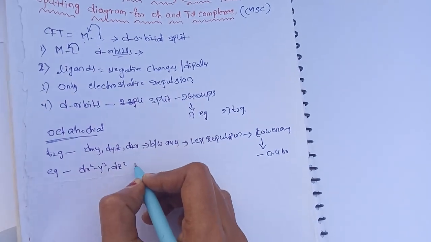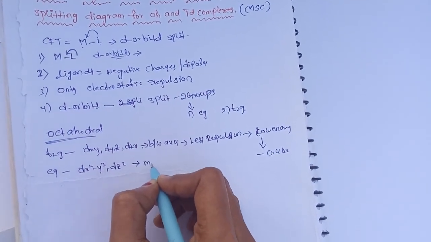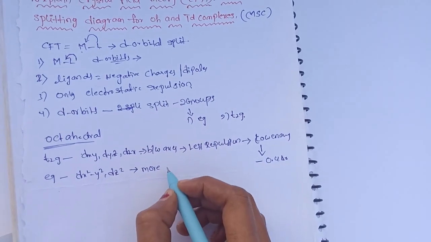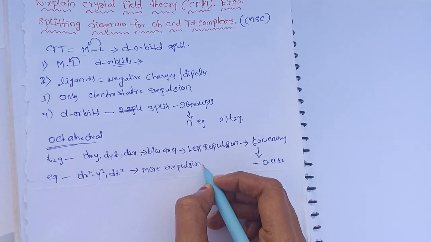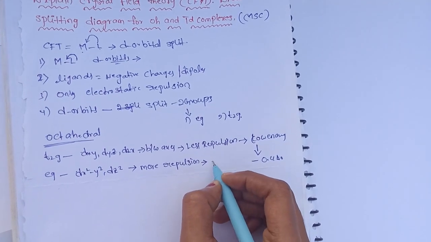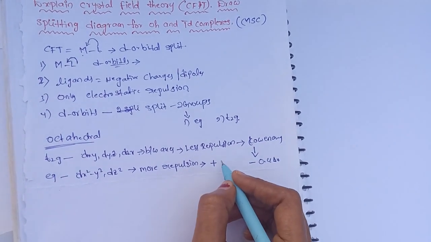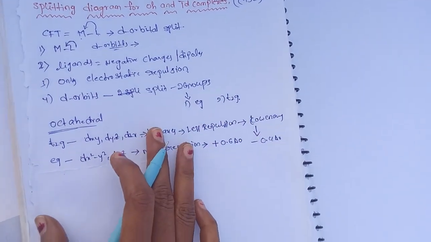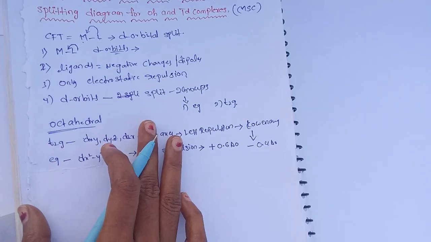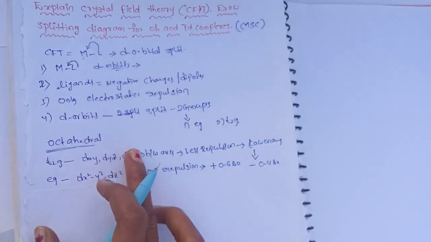For Eg there is more repulsion. More repulsion means plus charge, that means the value is 0.6 delta naught. So these are the octahedral complexes.